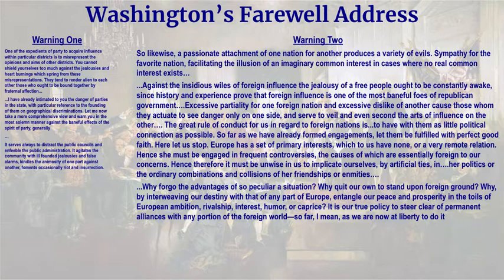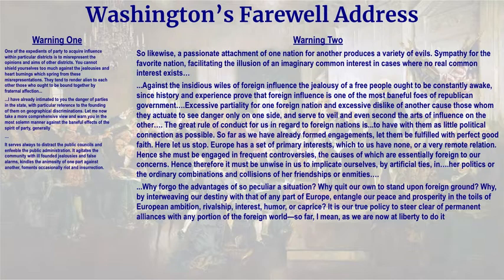The great rule of conduct for us in regard to foreign nations is to have with them as little political connection as possible. So far as we have already formed engagements, let them be fulfilled with perfect good faith. Here, let us stop. Europe has a set of primary interests which to us have none, or a very remote relation.